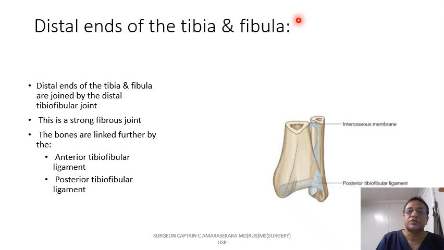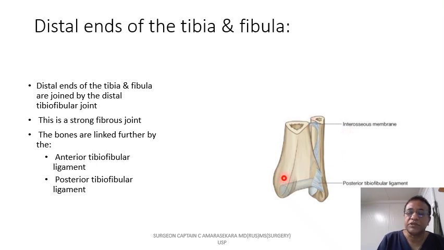So as I mentioned earlier, though it's not a synovial joint, its integrity is essential for ankle stability and load transmission. The important point we need to notice is that this joint unites the distal end of tibia and fibula. This syndesmosis is a strong fibrous joint.